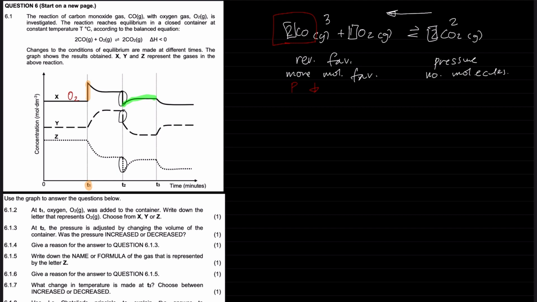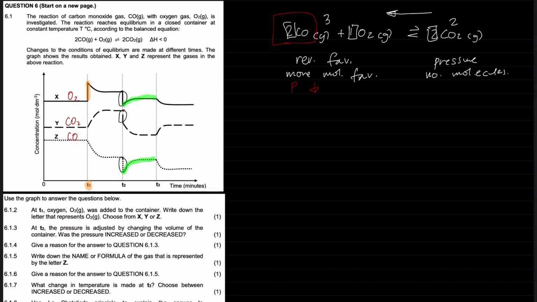Now, we can do two things at once here. If we look at our graphs, we can see that there is another graph that also increased. So Z must be CO. And then by process of elimination, it means that Y must be CO2.